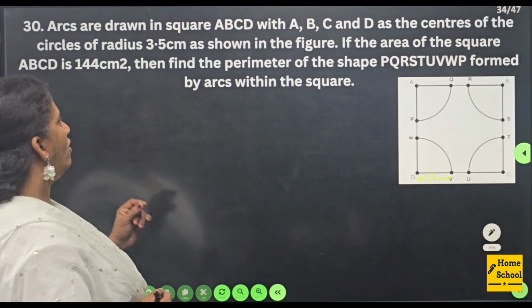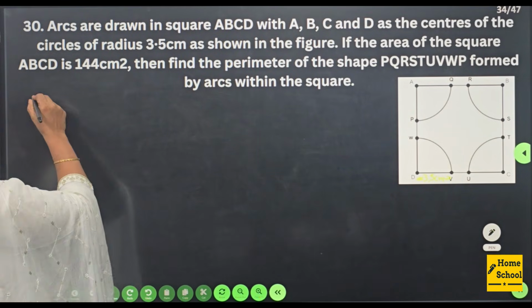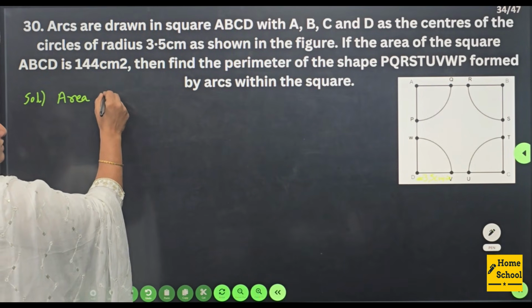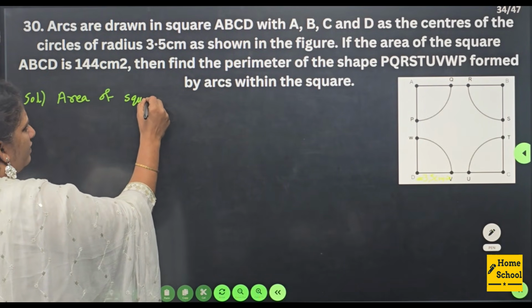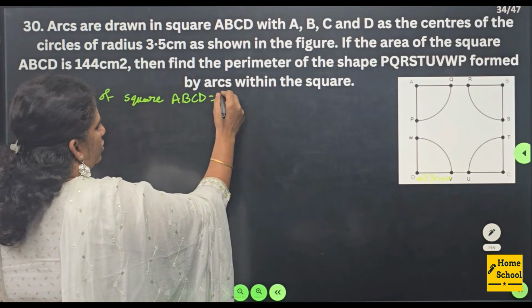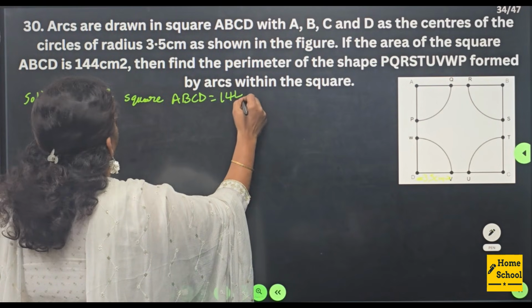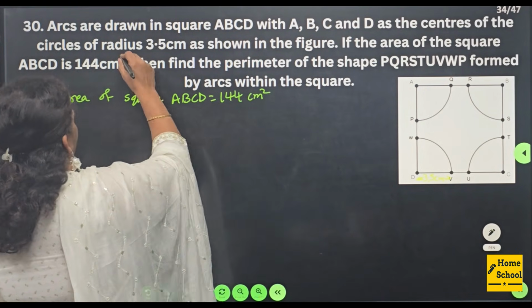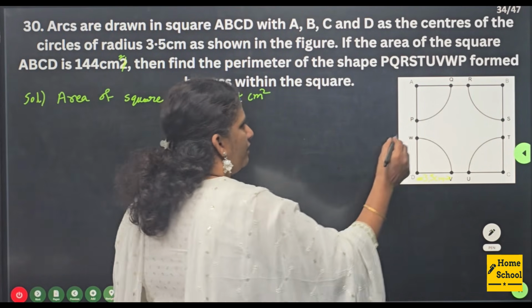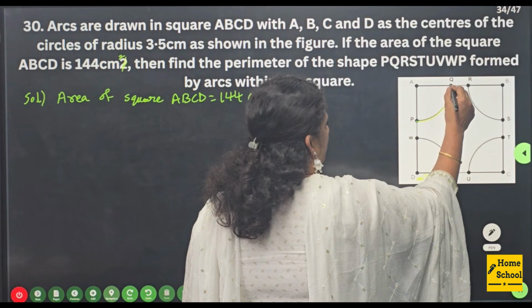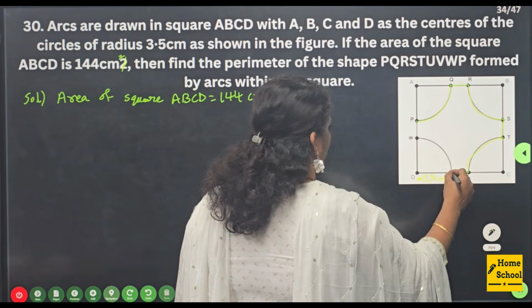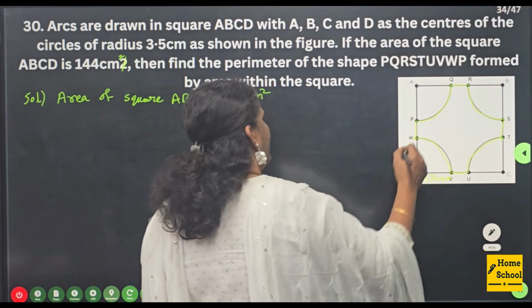If the area of square ABCD is equal to 144 centimeter square, then find the perimeter of the shape P, Q, R, S, T, U, V, W, P.